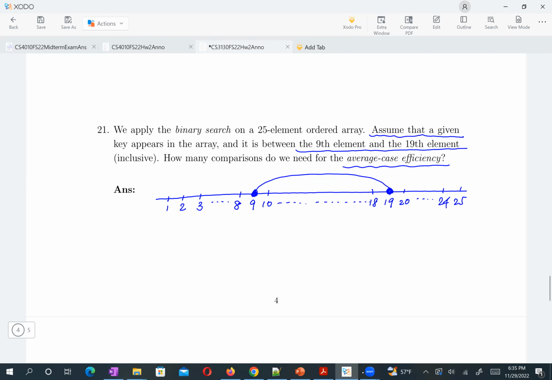Then you can see how many possibilities there are. Those are all the possible cases. Here we only consider the elements in this range. The elements out of this range we do not consider.